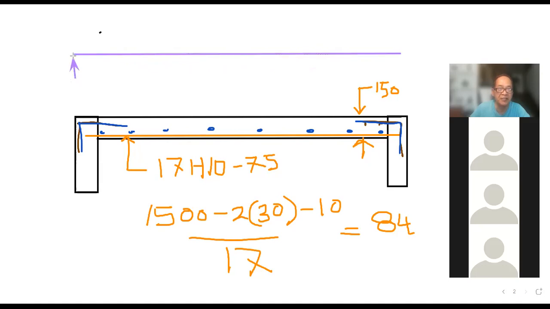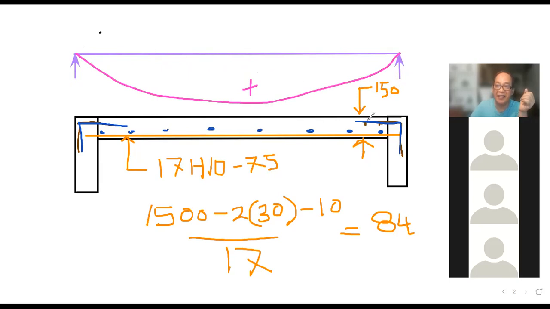We have our supports di sini, and we have our bending moment diagram for a simply supported case, WL squared over 8, okay, and we only need positive bottom steel sajalah theoretically, tapi we still provide anti-cracking bar at both ends between the connection dengan between slab dengan beam. There is always anti-cracking bar.